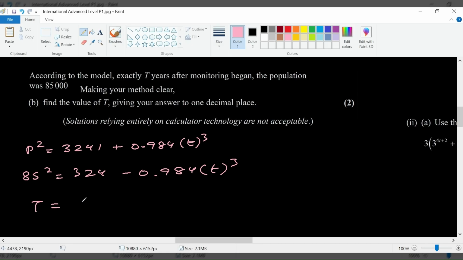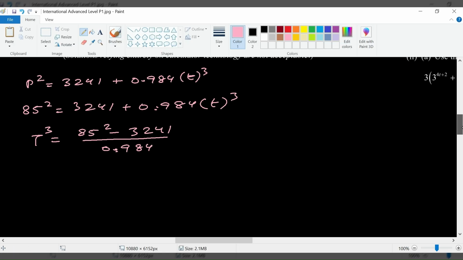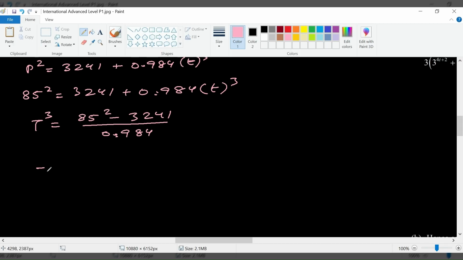So T cubed will be equal to 85 squared minus 3241, divided by 0.984. And to find the value of t, it's going to be the cube root of 85 squared minus 3241.